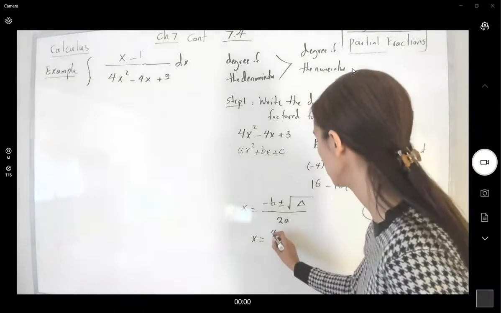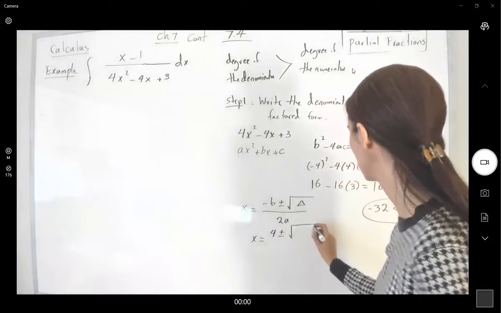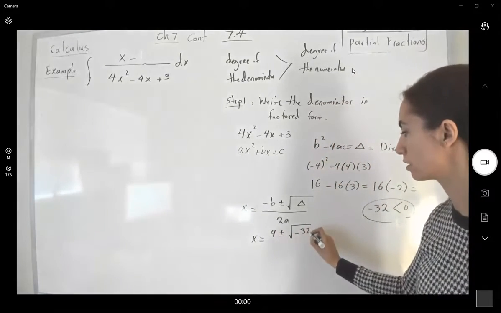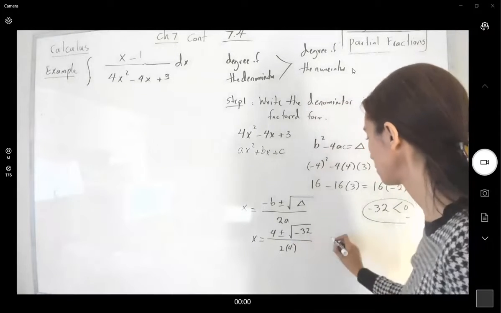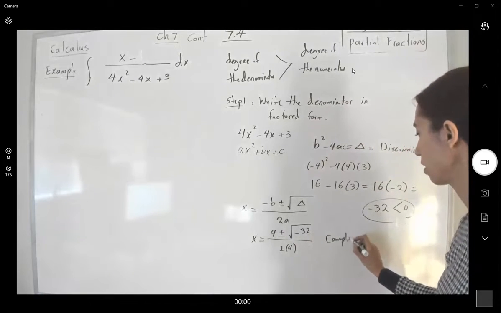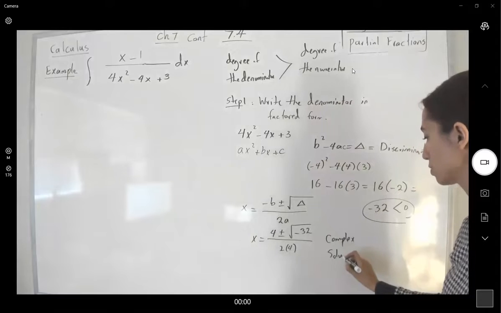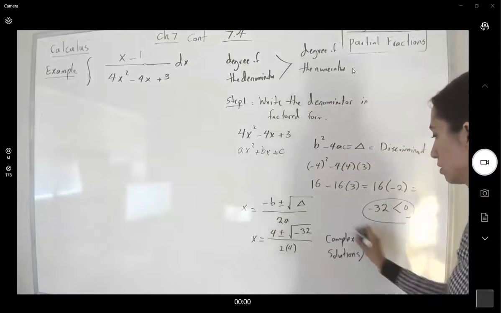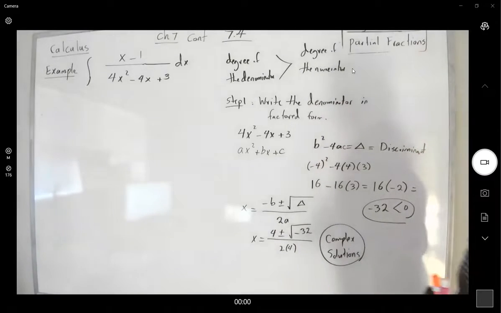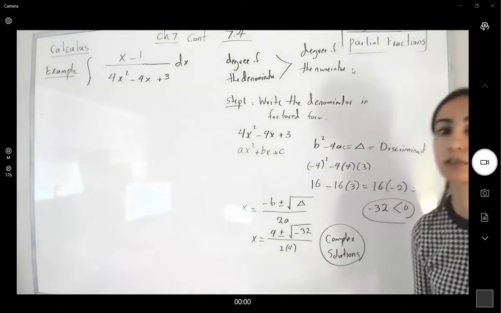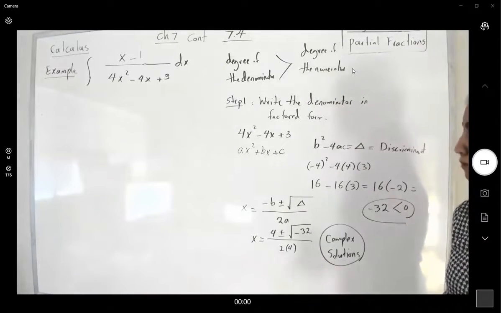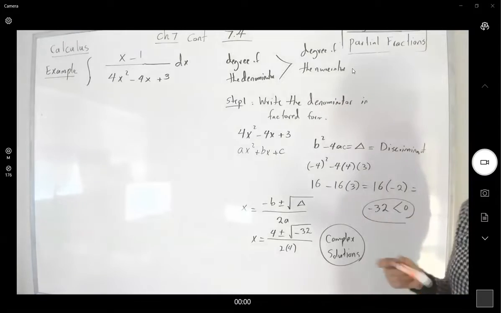So you have 4 plus minus square root of negative 32 divided by 2 times 4. We get complex solutions. So what's the meaning of that? It means that we cannot factor this using real solutions. So how do we resolve this issue?